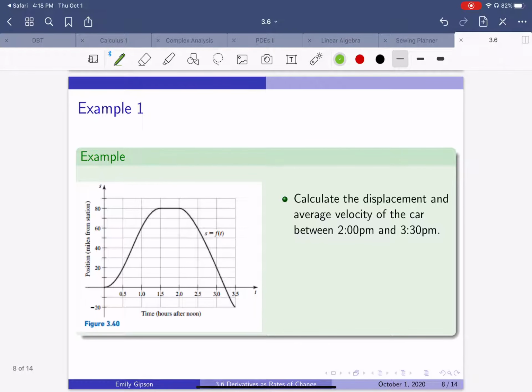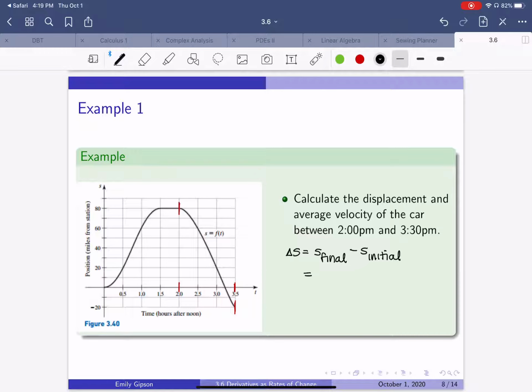So now let's get into the nitty-gritty. Let's calculate the displacement and average velocity of the car between 2 p.m. and 3:30 p.m. So I'm going to mark those here. And at 2:30, we're just starting to head west. And so our displacement is going to be S final minus S initial.